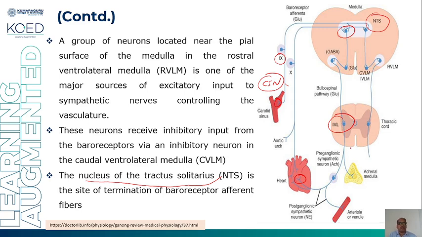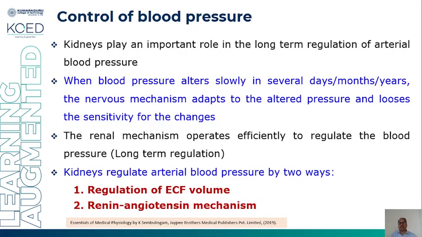From here, the sympathetic nerve emerges, and then you can see this is adrenergic, and through adrenaline, the vessel wall, the artery wall, will be constricted or relaxed. So this is actually termed as nerve control.